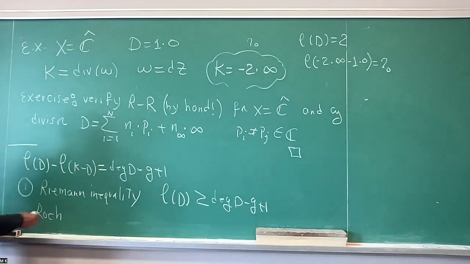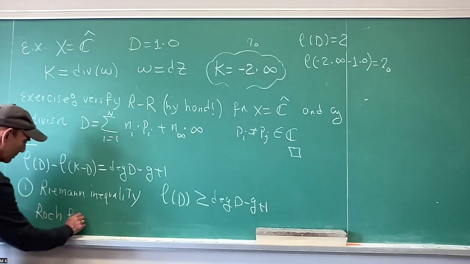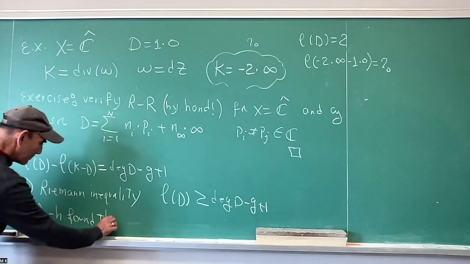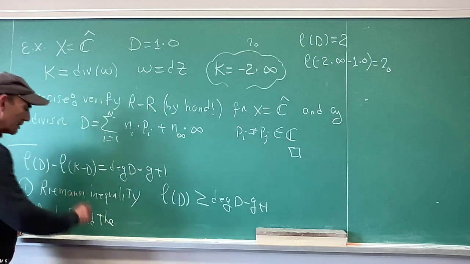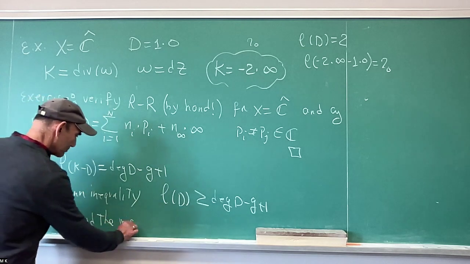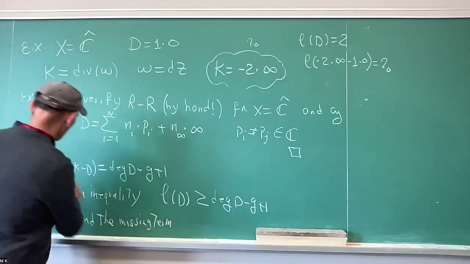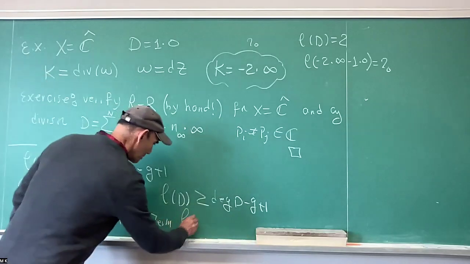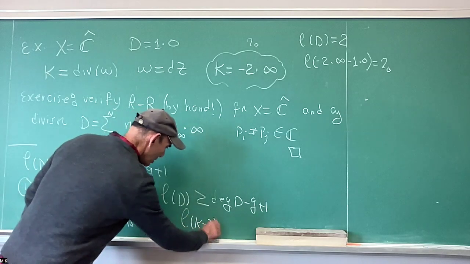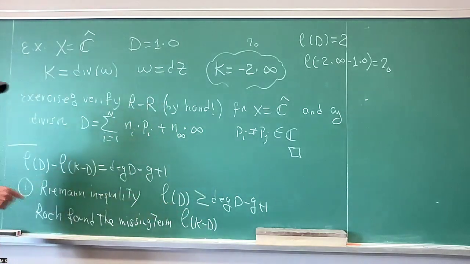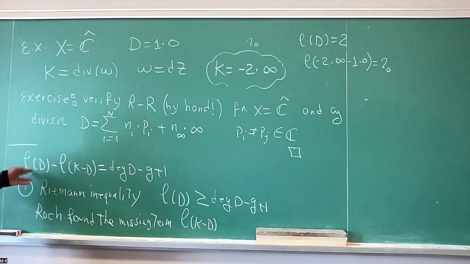So Roch found the missing term, namely L of K minus D. This term has to do with differential forms, which was missing in Riemann's work.